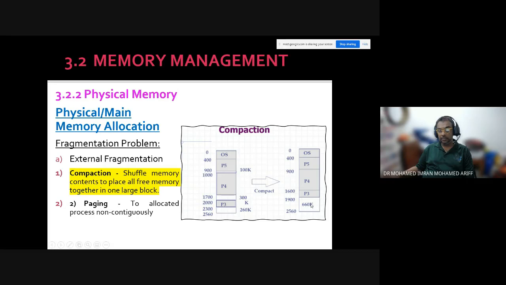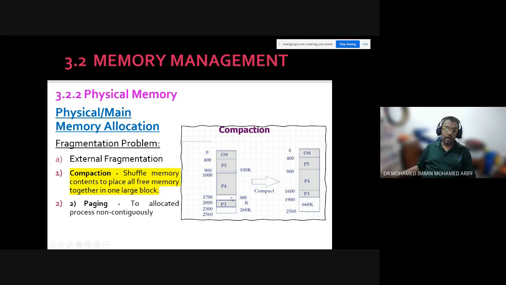Now if a new process comes in with a size of 600, it can be put inside this location. If you did not do compaction, it's difficult to put the process inside. So this is the solution for external fragmentation. What is external fragmentation? Empty spaces which are outside the process.